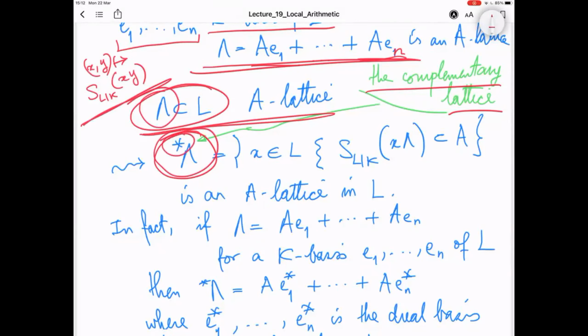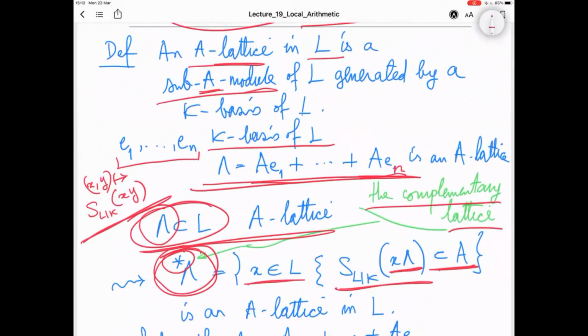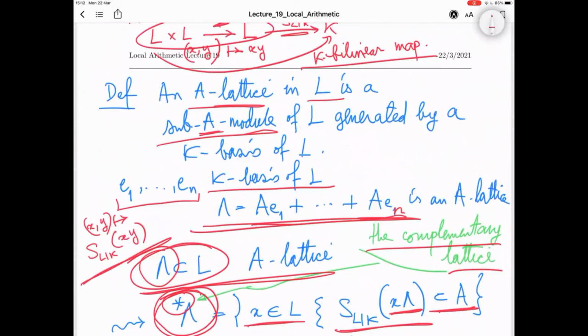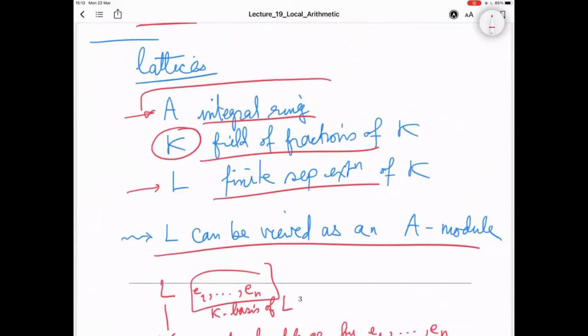The formal definition is the set of all x in L such that the trace S L over K of x times lambda is contained in A. It's not the ring of integers, it's just the special subring of K which I have fixed.